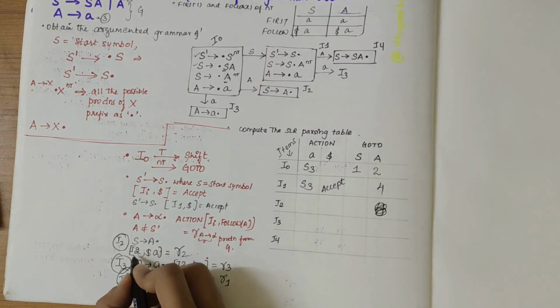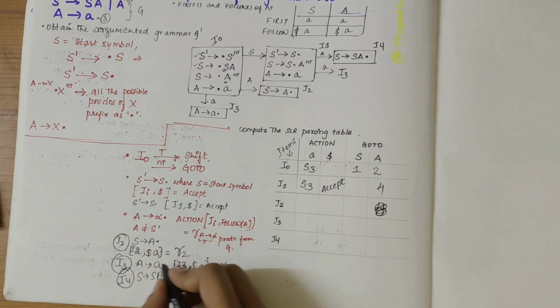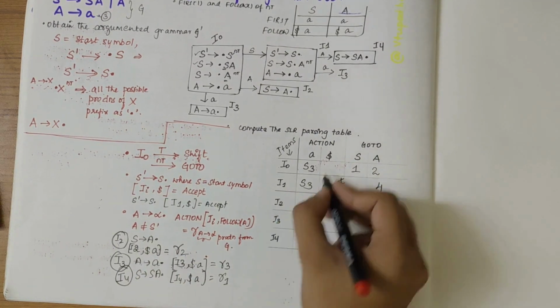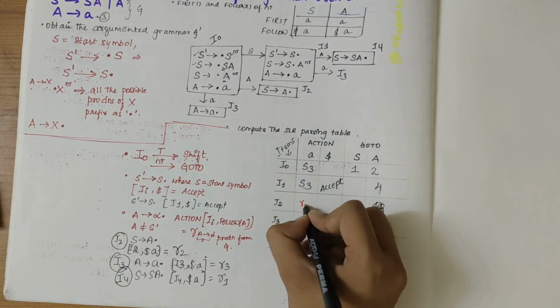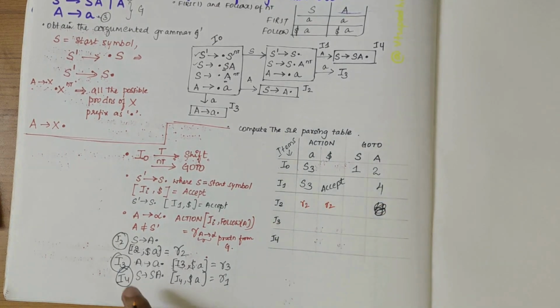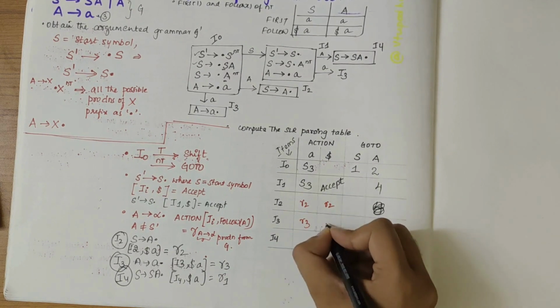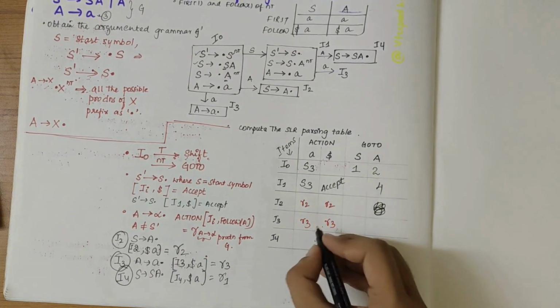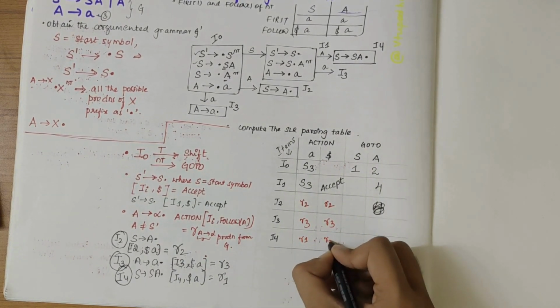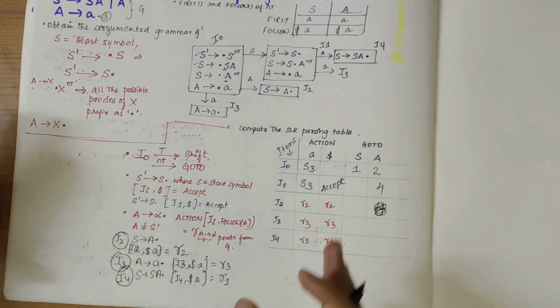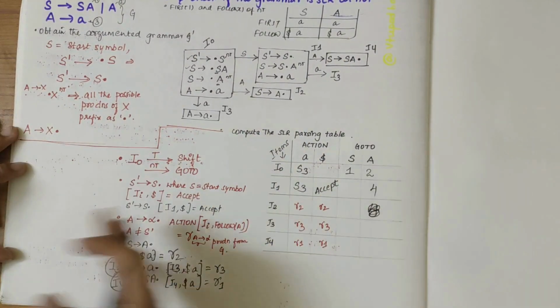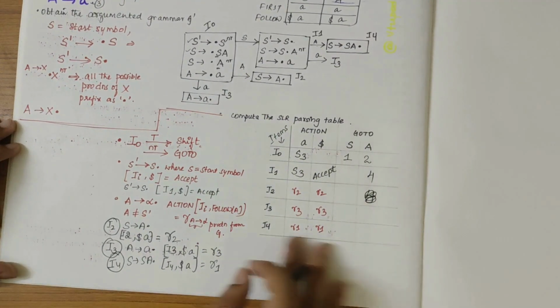So 2 comma dollar and A, I should fill R2. And here 3 comma dollar and A, I should fill R3. And 4 comma dollar and A, I should fill R1. Okay, I have filled all the possible actions, the shift and reduce parts.